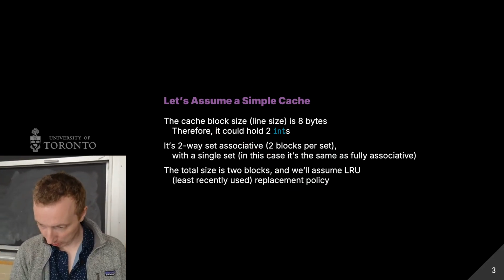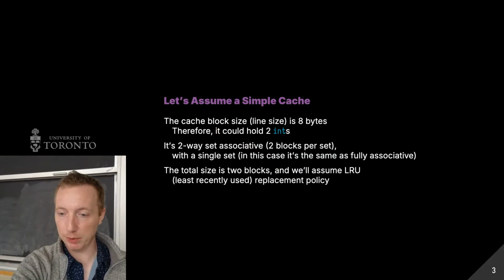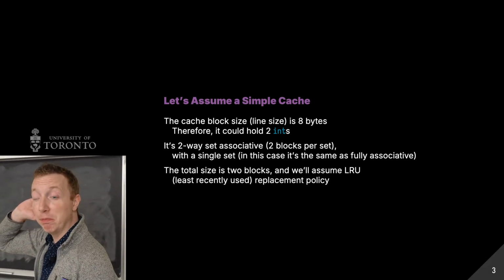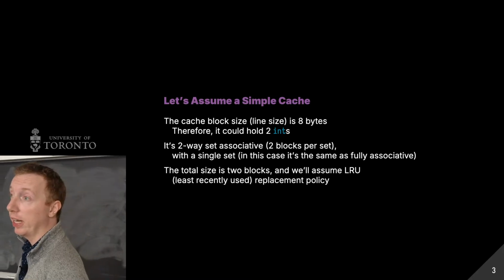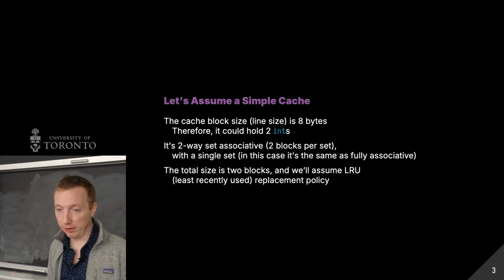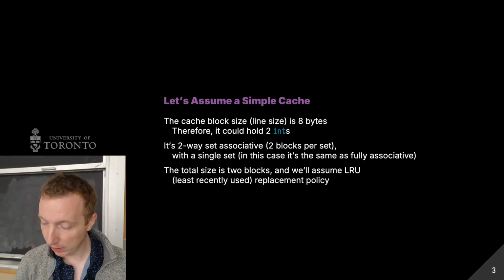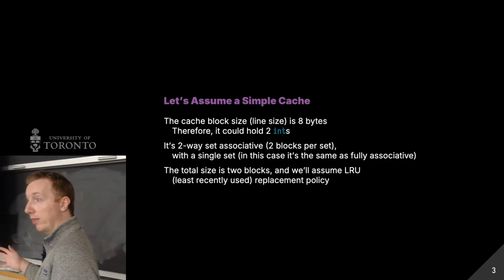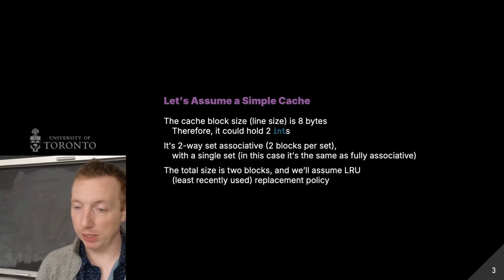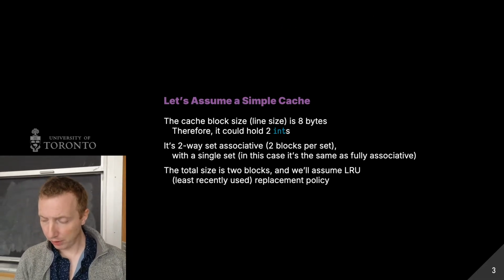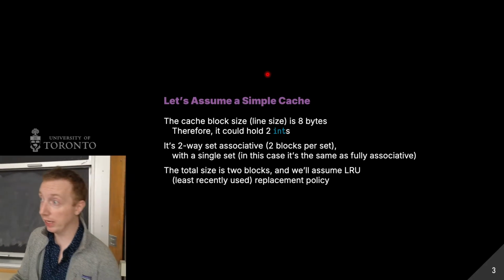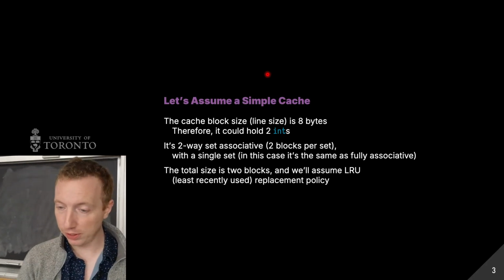Anyways, so for this lecture, most of the time we'll just be assuming a simple cache and figuring out what our cache misses are. The example we will use today is a very, very simple cache where the block size, or the line size, or how big each cache element is, is 8 bytes. Therefore, if we were using an integer array, it could hold 2 ints in one specific cache line.